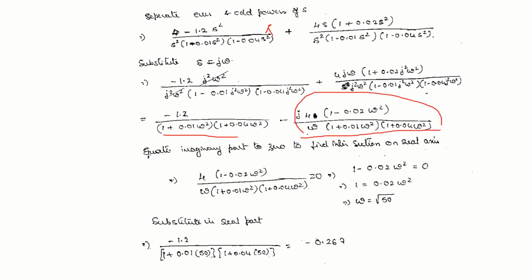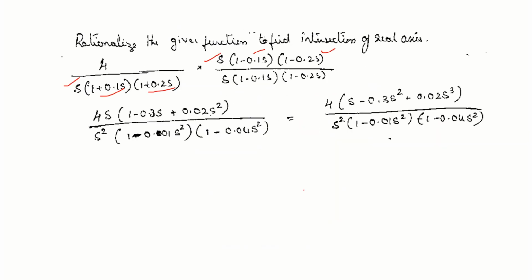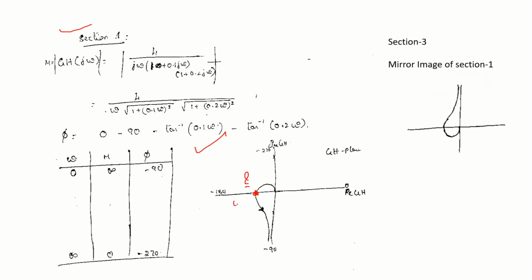Equate the imaginary part to 0, and you will get omega equal to root 50. It will intersect at omega equal to root 50. You substitute this value in the real part and you will get 0.267. So that value is minus 0.267.